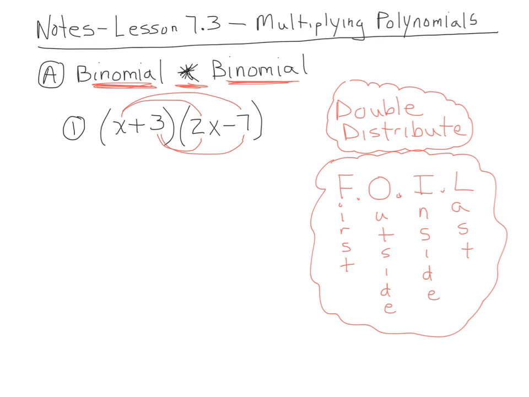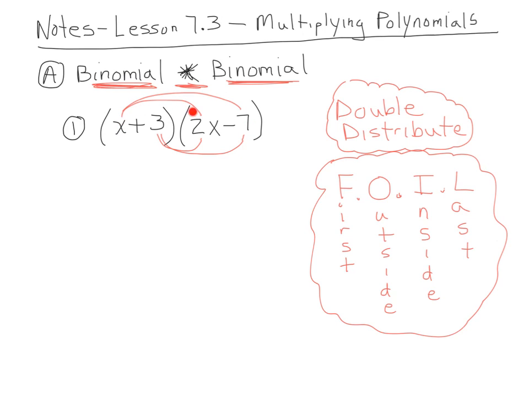Now another way to look at it is using FOIL. FOIL means first times first. See how that's the first term in this parentheses, and this is the first term in the second parentheses. And then the O stands for outside times outside. See how the x and the 7 are on the outside of the problem?